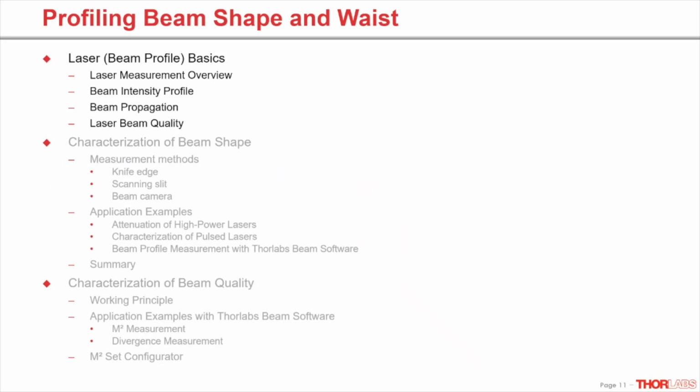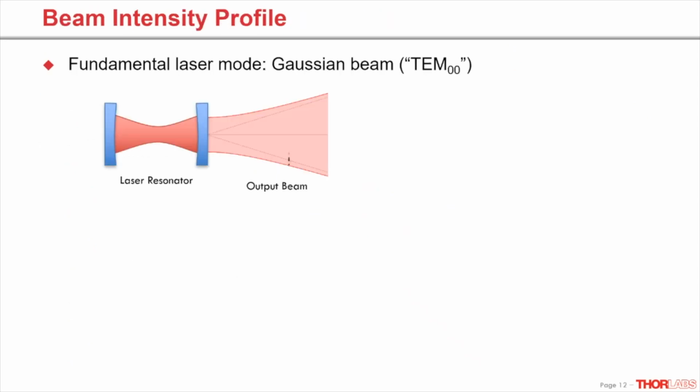First, let's understand what the cross-section and the propagation of a laser beam is about. The distribution of light confined within a laser resonator is described by spatial patterns called transverse modes. Transverse modes are eigenmodes of the laser resonator, and an ideal laser emits a Gaussian beam, the so-called TEM00 mode beam.